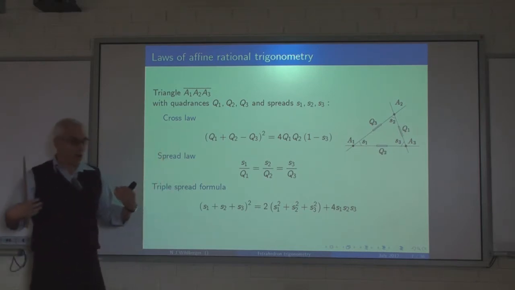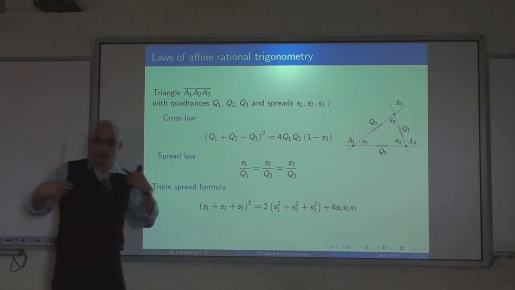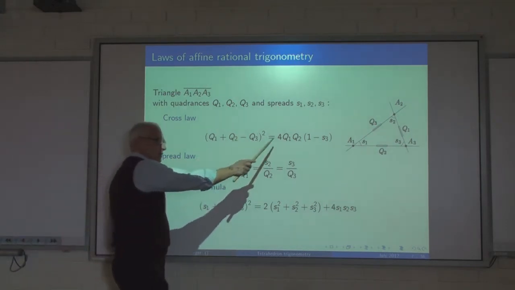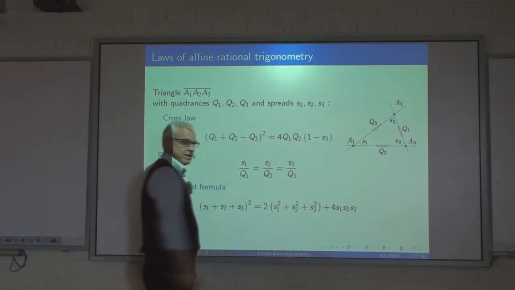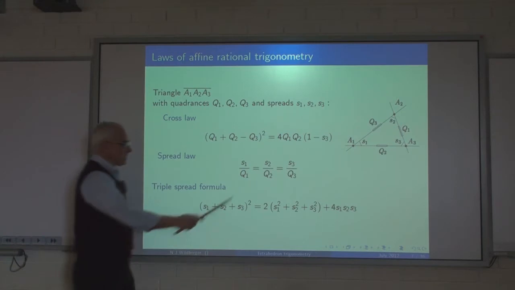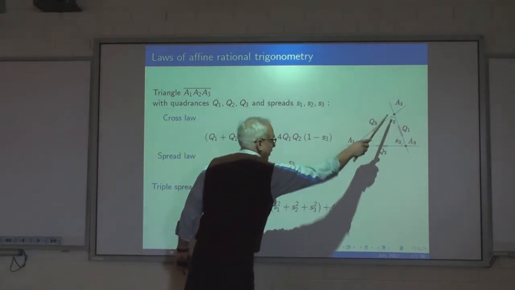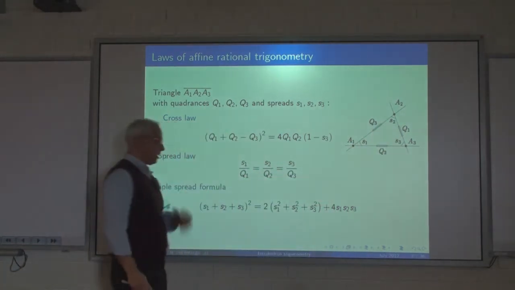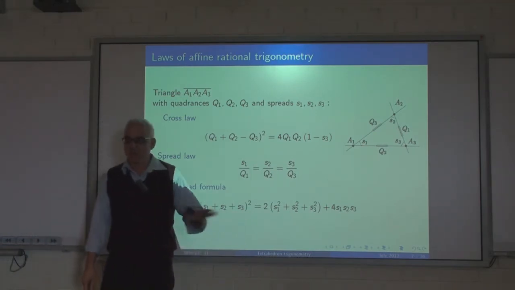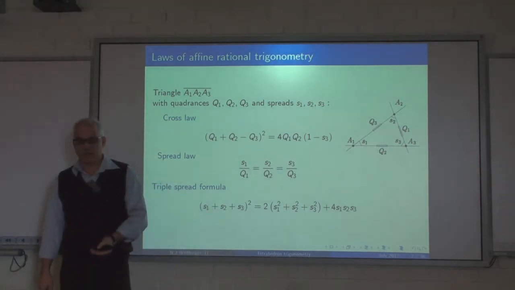It's the most important law. It's one of the most important laws in mathematics. (Q1 + Q2 - Q3) squared equals 4 Q1 Q2 (1 - S3). The second one is the spread law, which says that the ratio of S1 to Q1 equals S2 over Q2 equals S3 over Q3. And the third one, the triple spread formula, gives us a relationship between the three spreads.